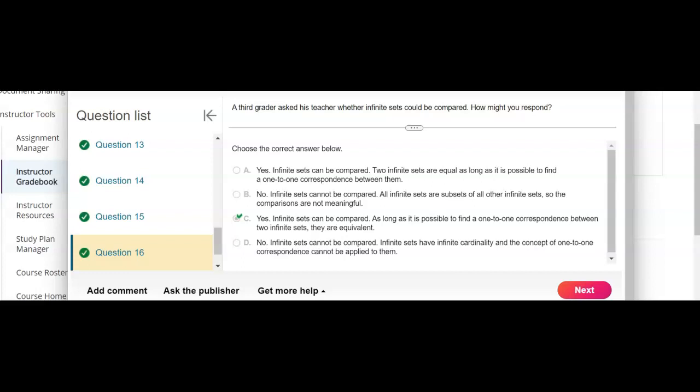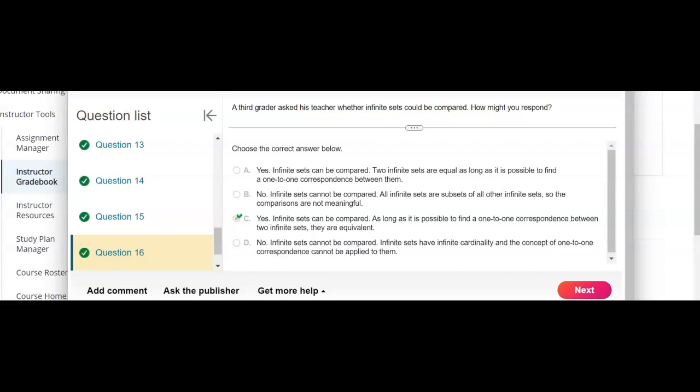So these sets have an infinite number of elements. Can they be compared? When you look at the answers, they can be compared as long as there is a one-to-one correspondence mapping between them.